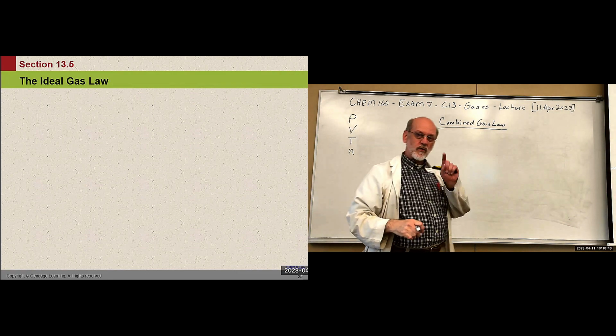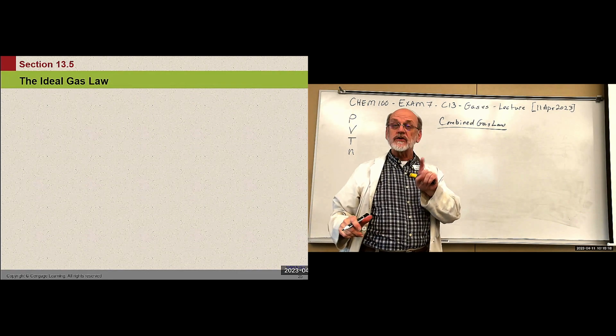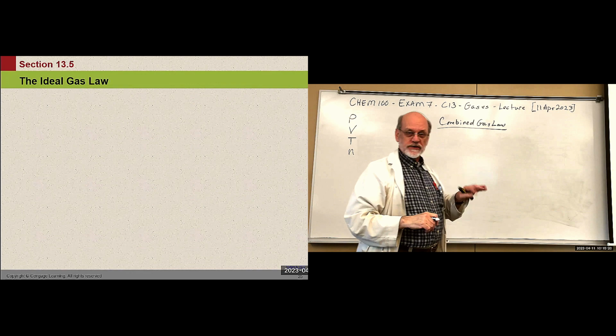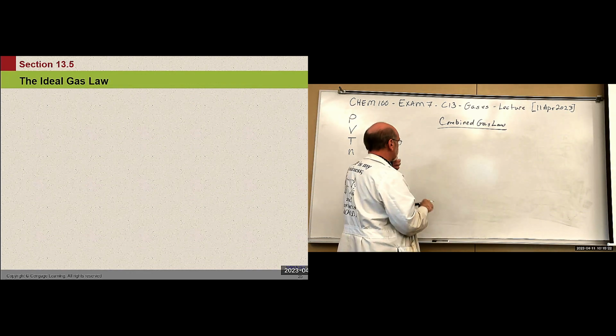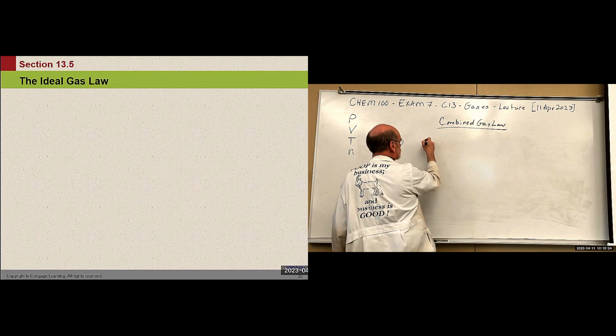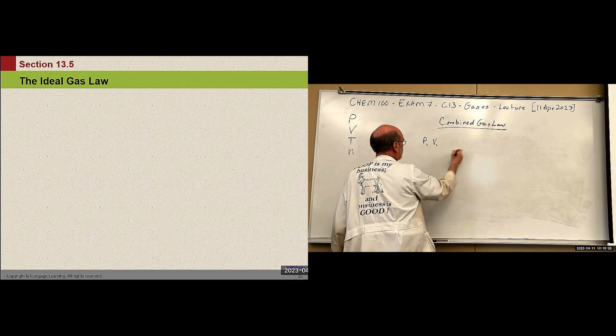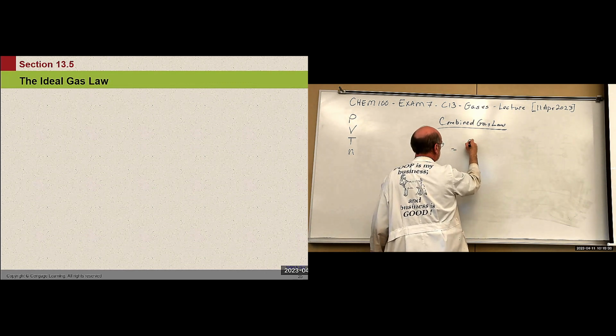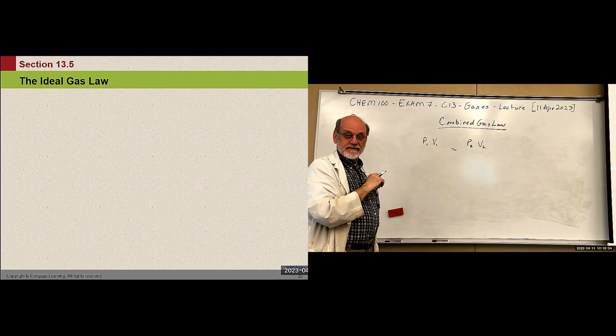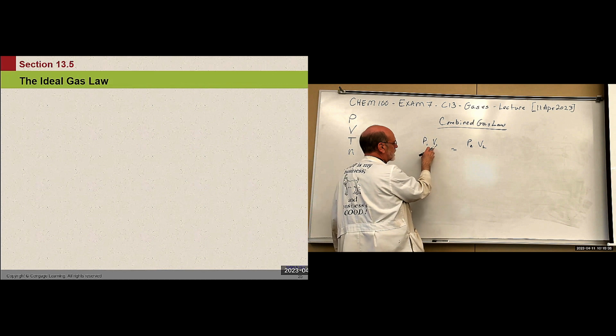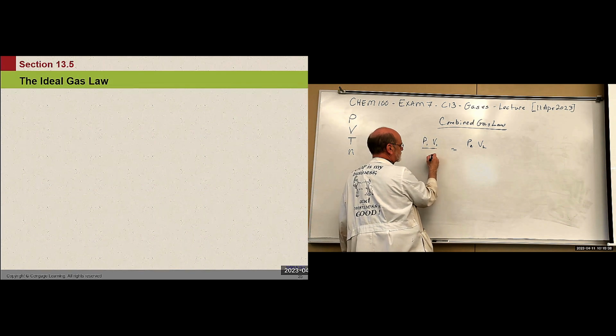As long as you have only one unknown in your final formula, you can solve it. So what's the final formula look like? Well, you notice that pressure 1 times volume 1 equals pressure 2 times volume 2, correct? But what's the relationship between volume and temperature?